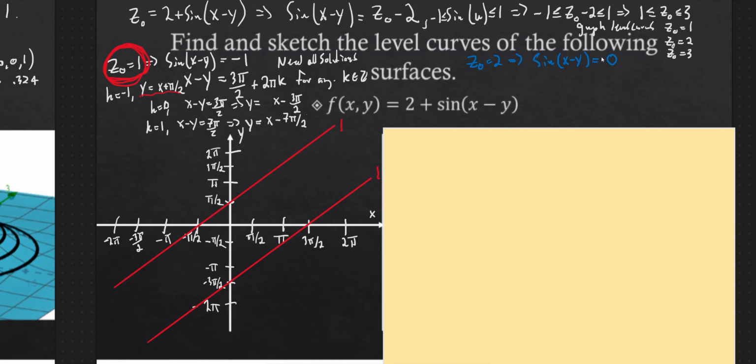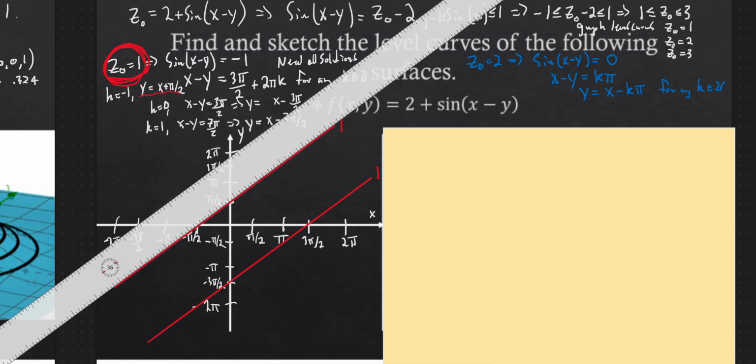That happens at angles of 0, pi, 2 pi, 3 pi, 4 pi, 5 pi, any multiple of pi. So this tells me x minus y equals any multiple of pi. And so that gives me y equal x minus k pi for any integer k.